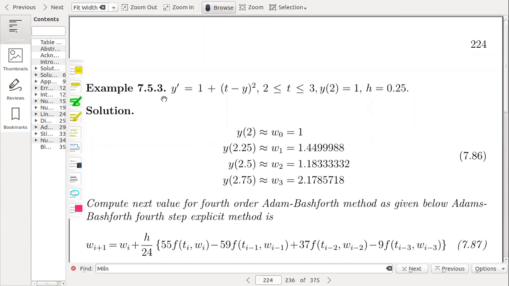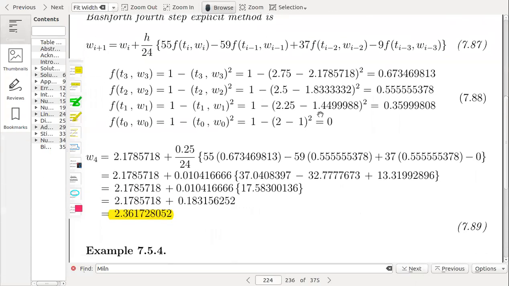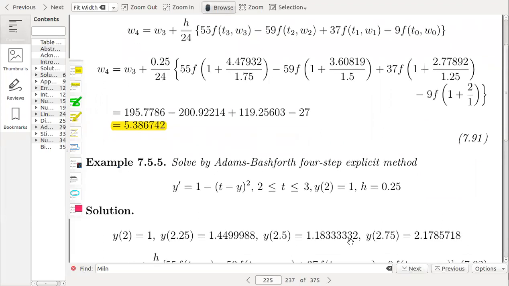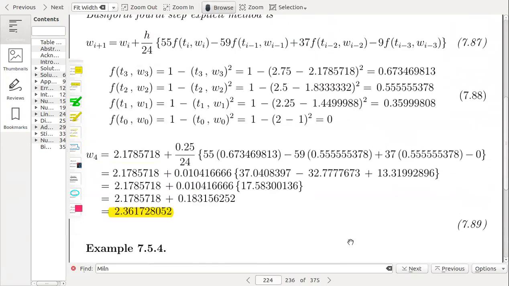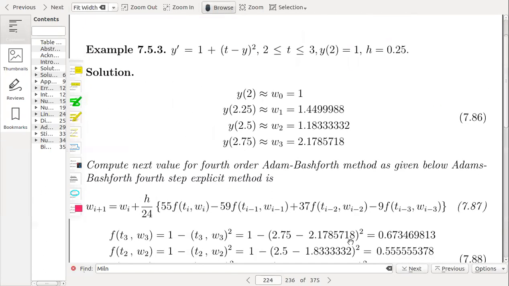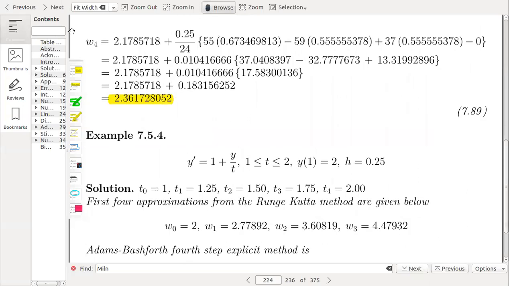I think this example is going to be repeated. y prime is equal to 1 plus (t minus y) whole square, t from 2 to 3, y of 2 is equal to 1, and h is equal to... yes, this example is repeated here.